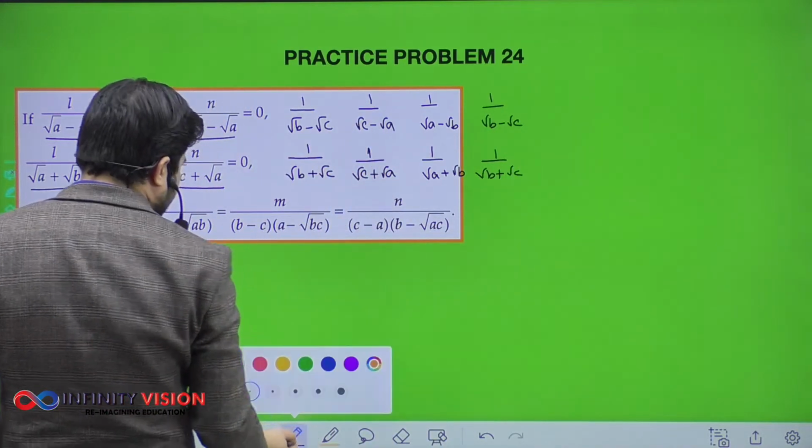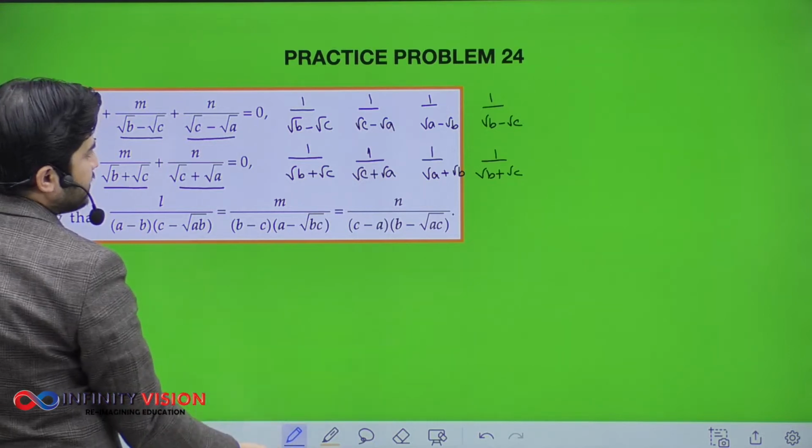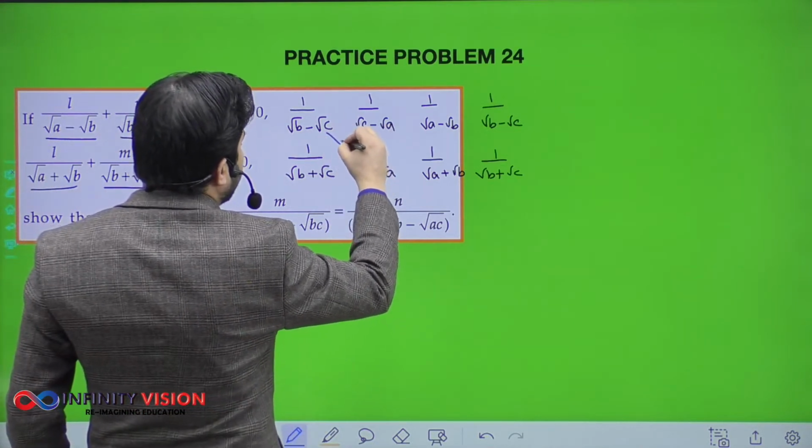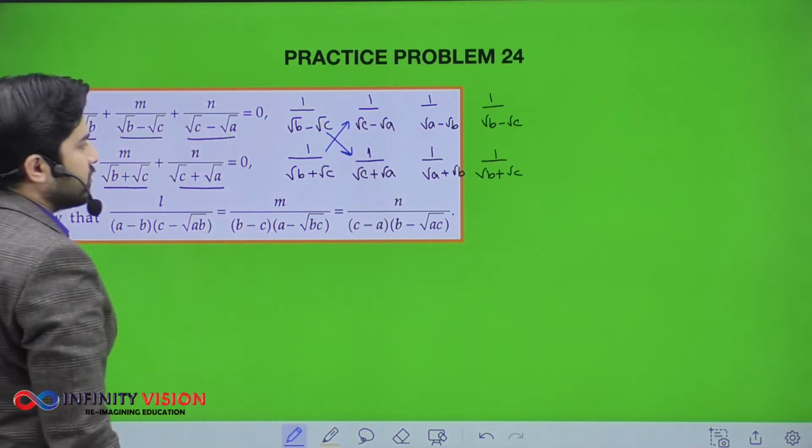Now for the first coefficient, you would notice that you have to multiply these two minus the product of these two.